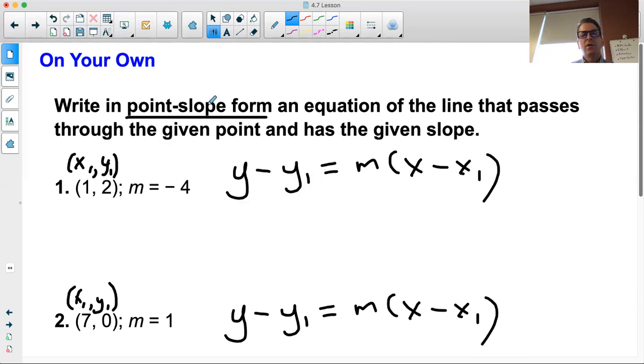If you're going to write the equation using the point that's given and the slope, you simply take your point and input it where the y1 you'd have 2. M would be -4.